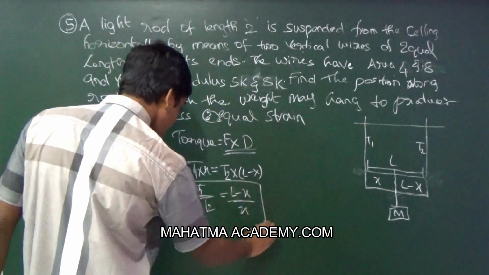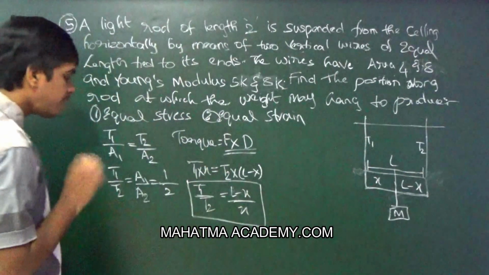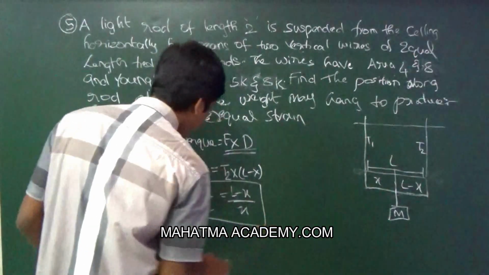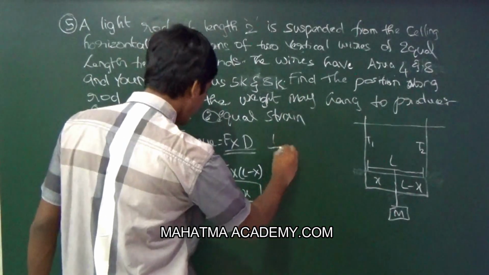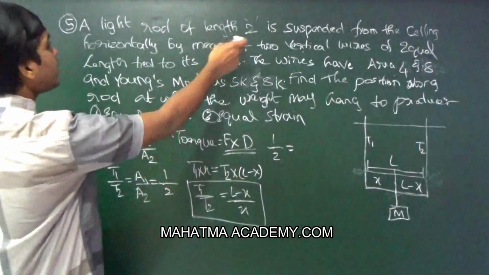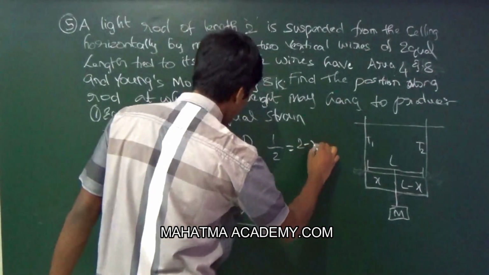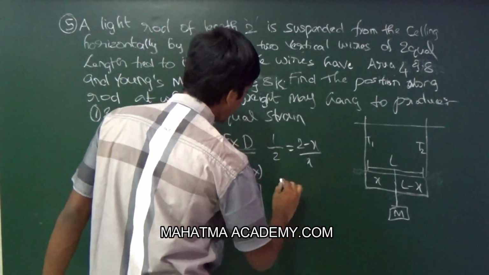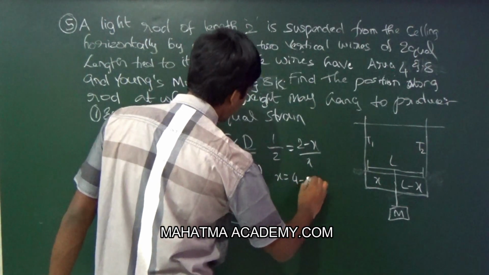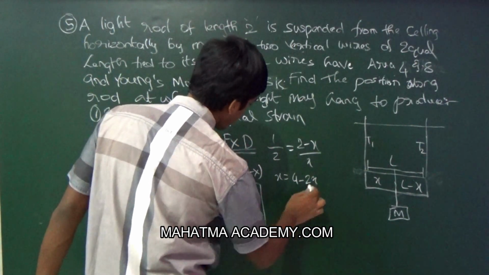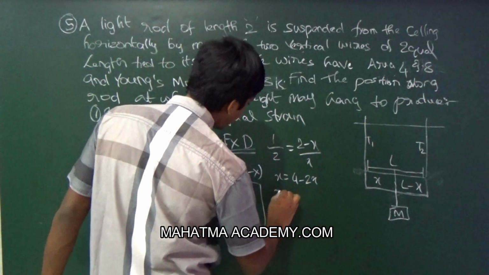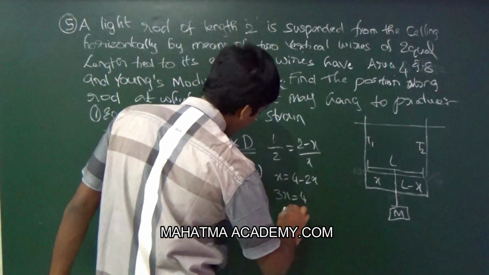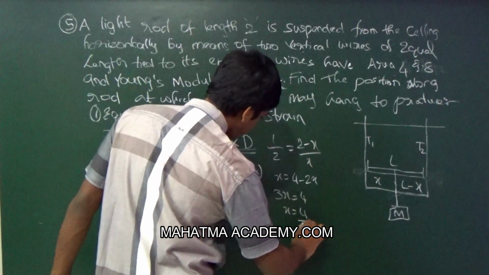So from this we will solve. 1 by 2 is equal to, the length is 2, so 2 minus X upon X. So X is equal to 4 minus 2X, so 3X is equal to 4, X is equal to 4 by 3.